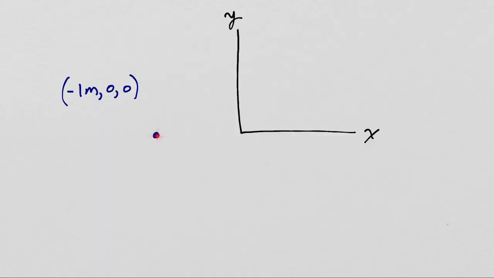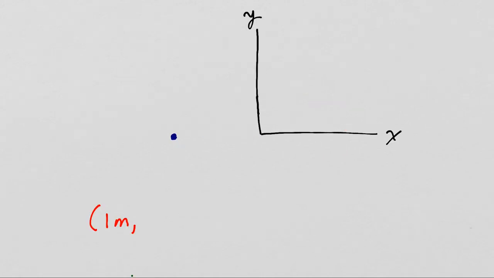So here's the point at Cartesian coordinates -1, 0, 0. So the cylinder centered on the z-axis that goes through that point will have a radius of 1 meter, so that's the rho component. The plane attached to the z-axis that goes through that point is this one right here.